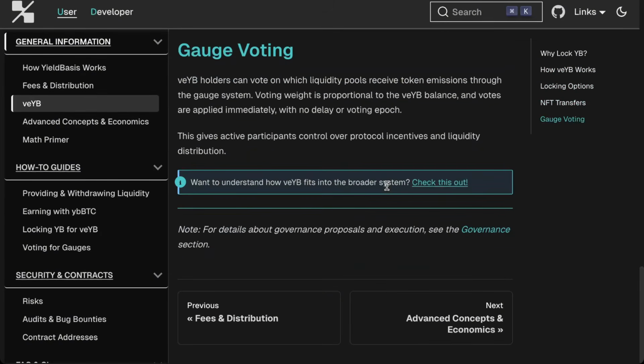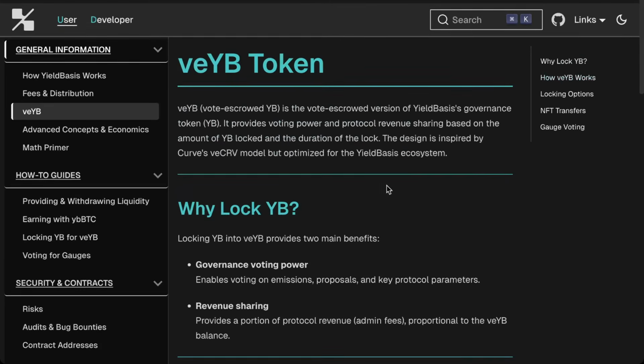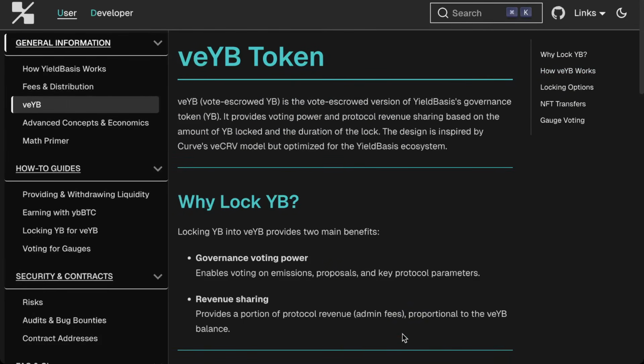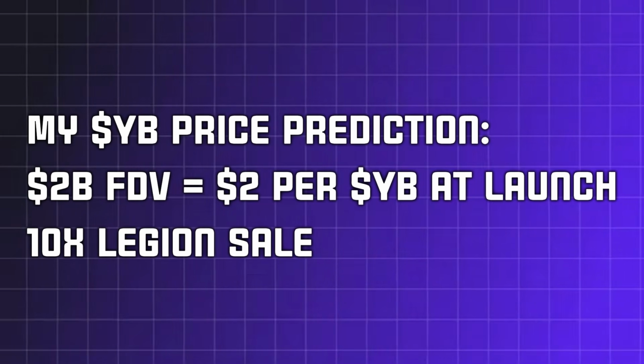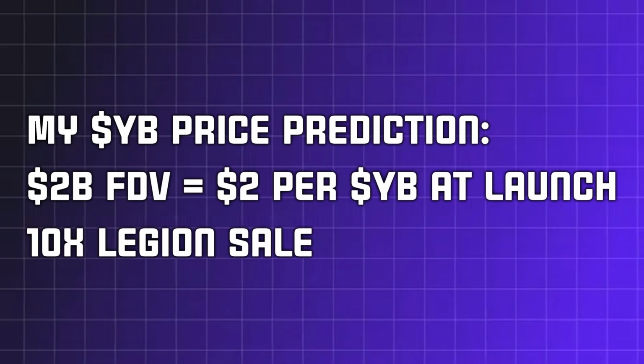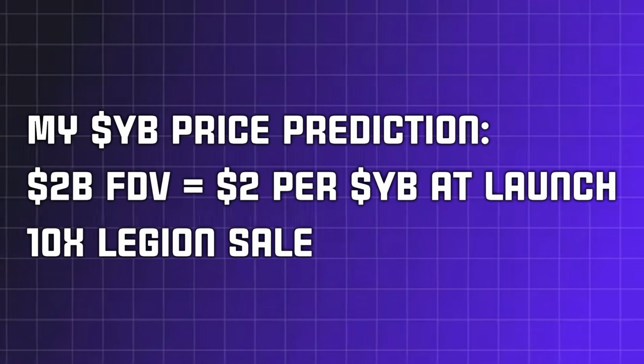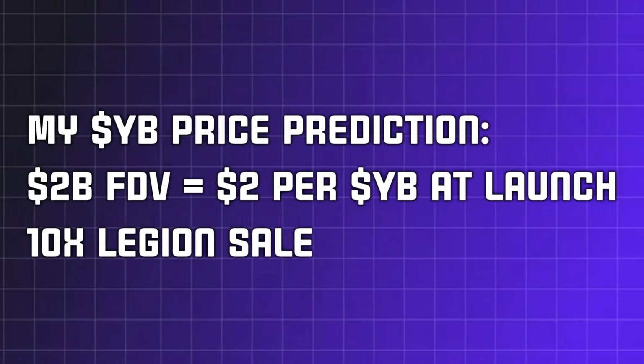With Bitcoin's post halving momentum and Yield Basis's unique impermanent loss free niche, analysts see strong upside if liquidity scales. My price prediction for Yield Basis is around $2 billion in FDV at launch, which means $2 per YB token, a 10 times from the Legion sale.